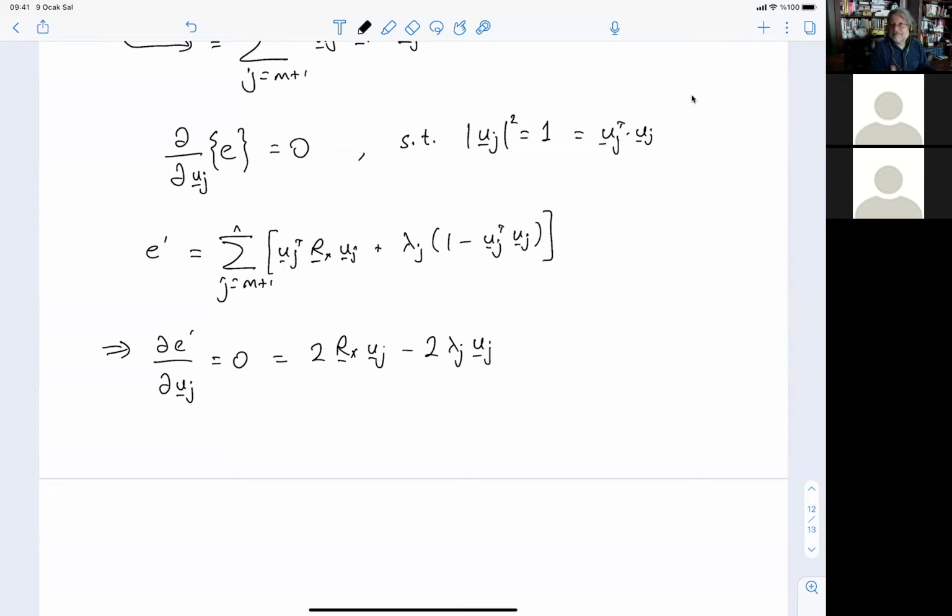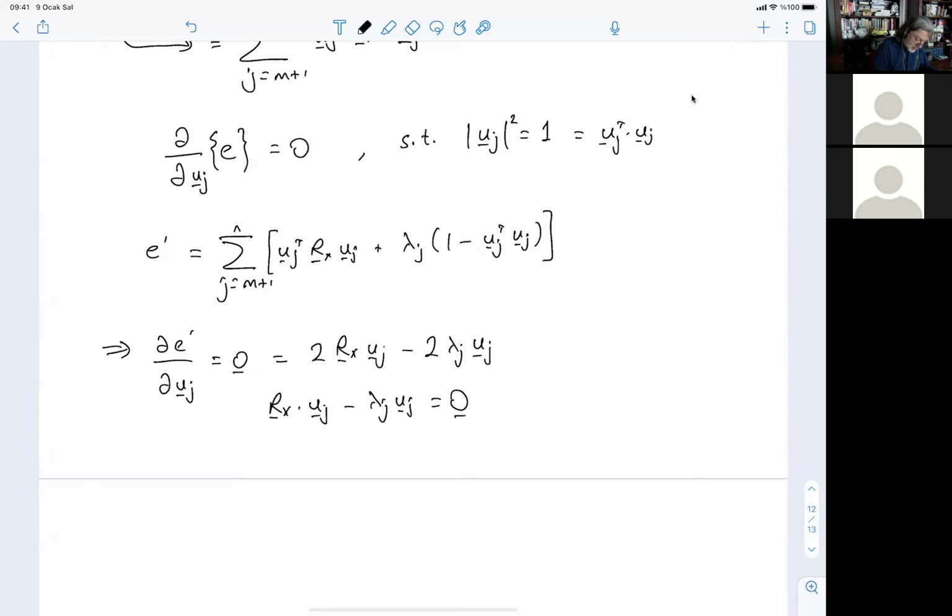Okay. Again, an easy result is achieved. And this expression is equal to 0. The 2's can be cancelled because you can divide both sides of the equation by 2. And eventually you will get Rx times uj minus lambda j uj is equal to 0.